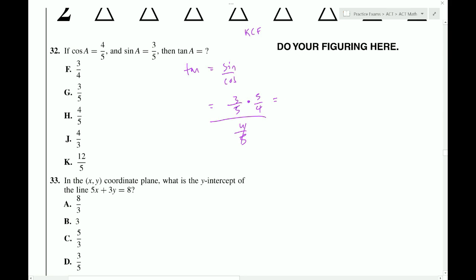At this point, these two 5's can cancel, because with PEMDAS, M and D are in the same position, meaning you could do them in any order you want, so we choose to do the division first. We end up with 3/4 as our result. It's choice F.